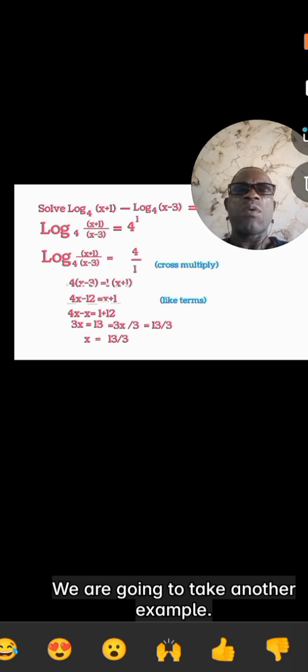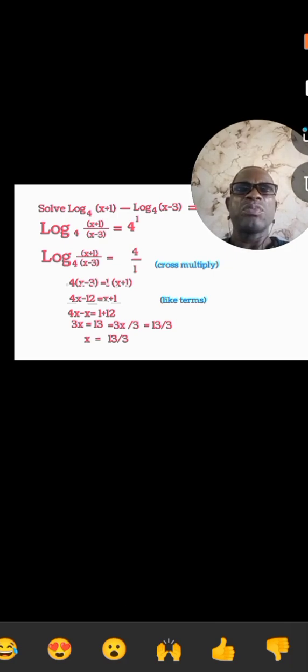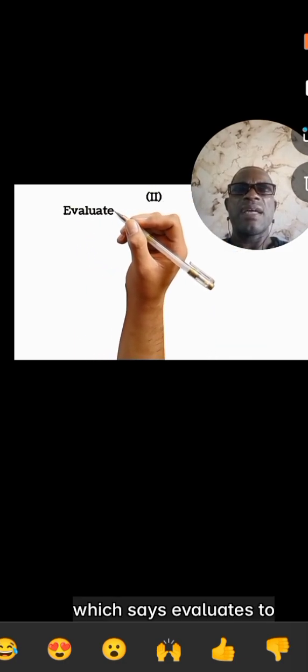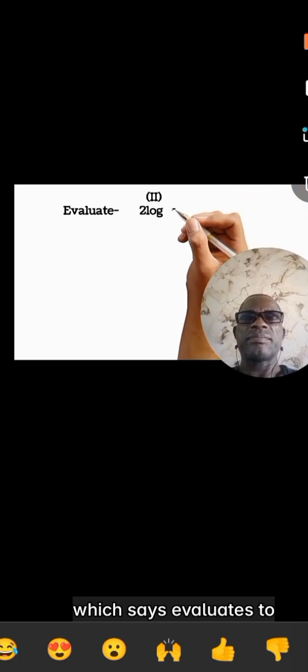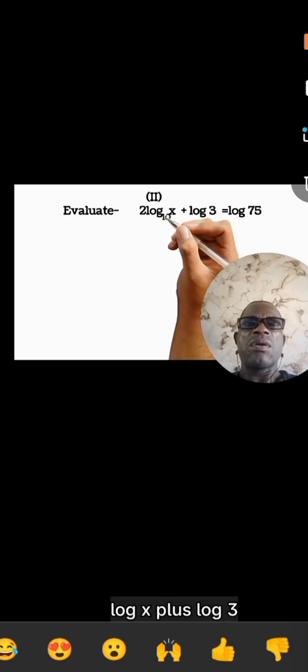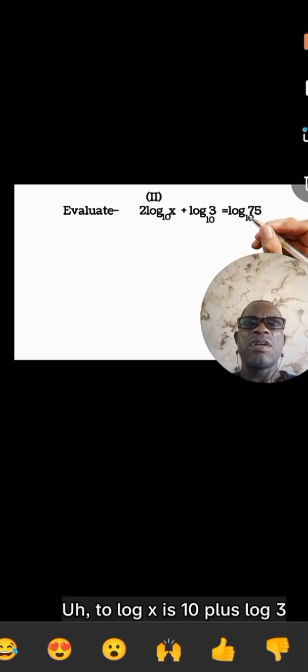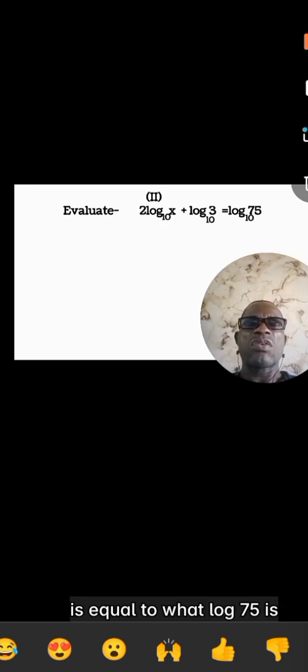We are going to take another example in this series, and that is example 2, which says evaluate 2 log x plus log 3 is equal to log 75. That is 2 log x base 10 plus log 3 base 10 is equal to what?